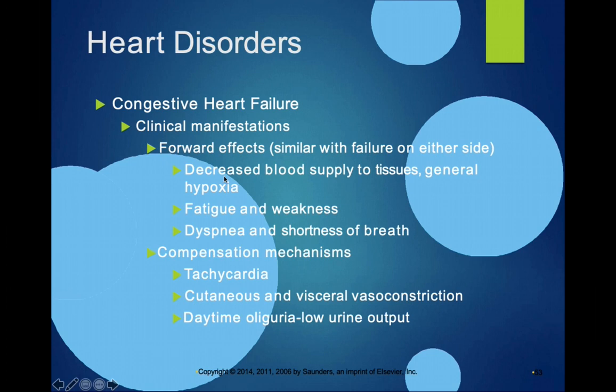The compensation is an increased heart rate, to try and get more blood and oxygen to the parts of the body. There is cutaneous and visceral vasoconstriction, which shunts blood from the peripheral parts of the body and tries to keep it near the core, and then daytime oliguria, which is low urinary output.